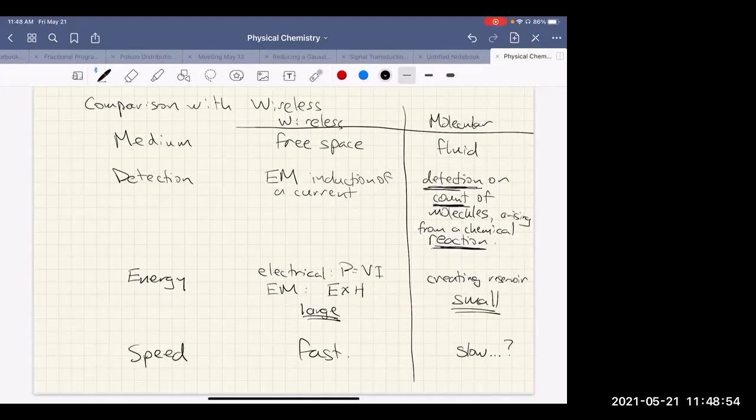So the way we think about things right now, wireless is large energy and fast speed, and molecular is small energy and slow speed. However, there's not necessarily anything fundamental about this. You could potentially have a fast molecular communication system at larger energy.